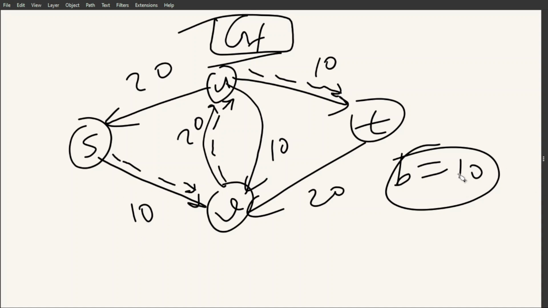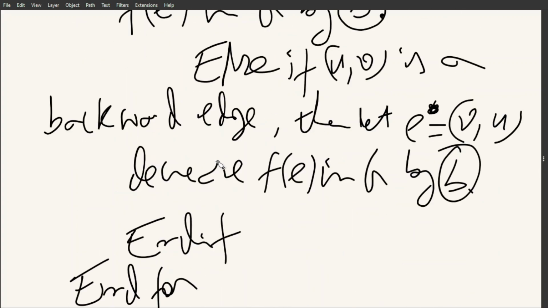Now we augment. We apply this augment operation. So we consider each edge one by one, depending upon what is the case, forward edge or backward edge, and we update the weights. So first we consider the S to V edge. This is a forward edge. So for a forward edge, what we do is we increase by the bottleneck.